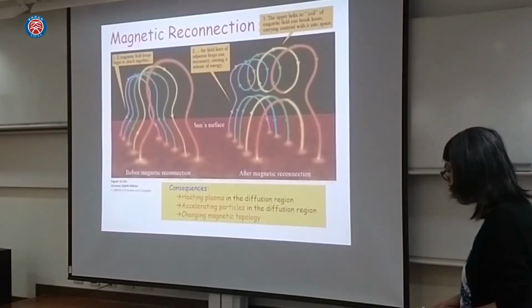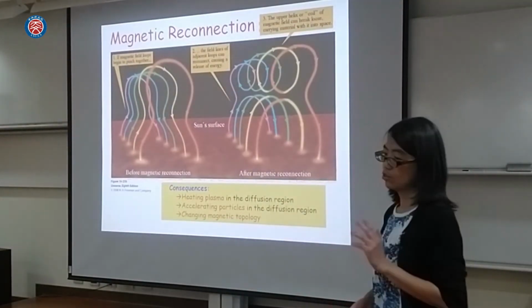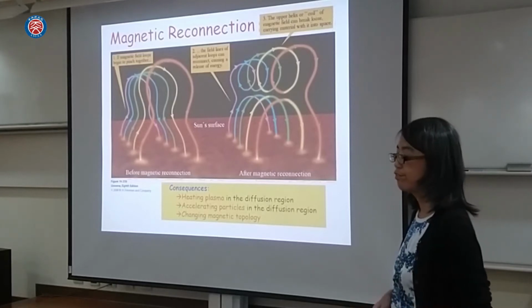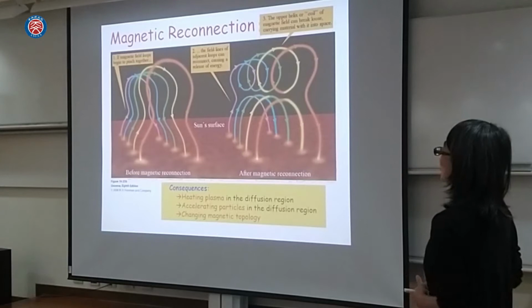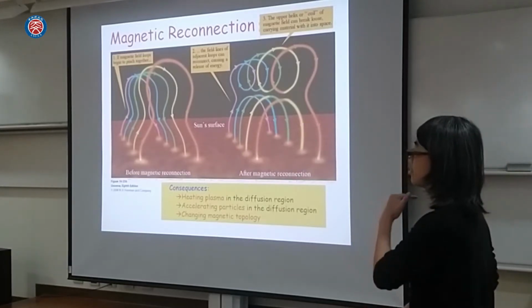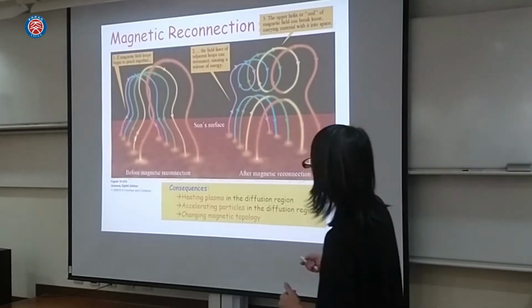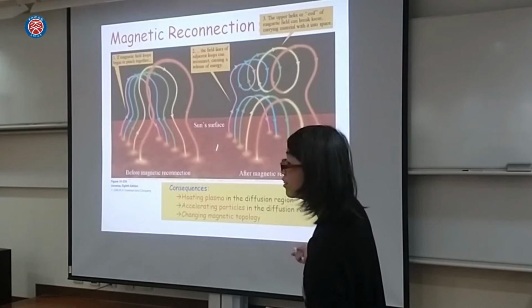Theoretically, magnetic reconnection is usually responsible for the occurrence of a flare. In the first image, this is the solar surface, and there is a series of magnetic loops.